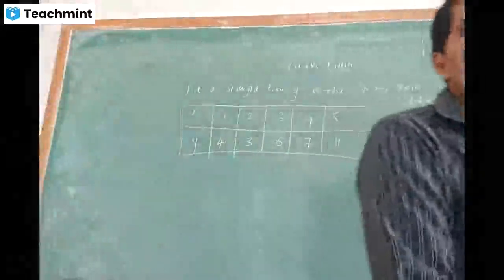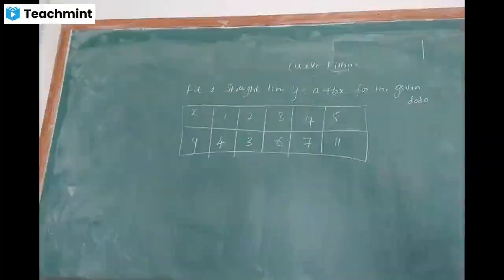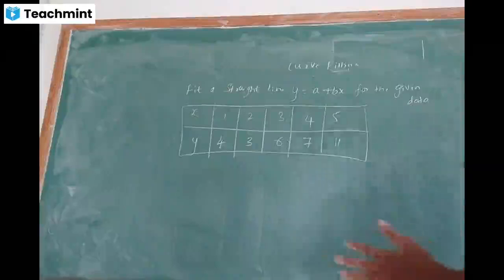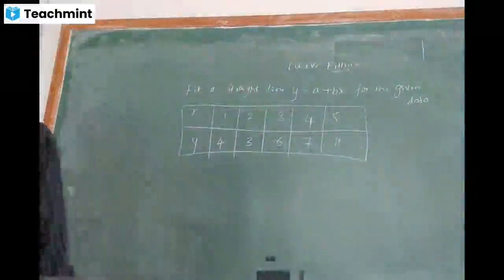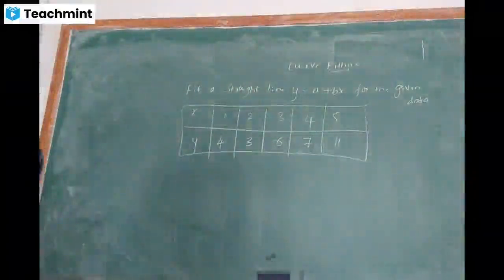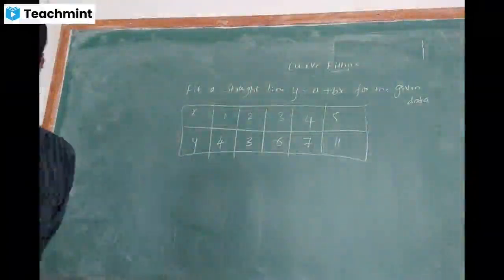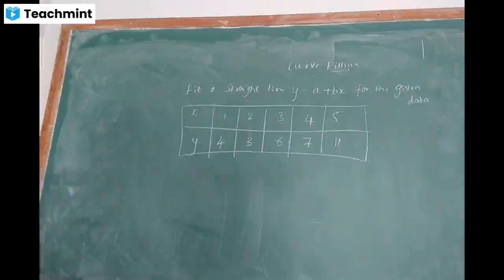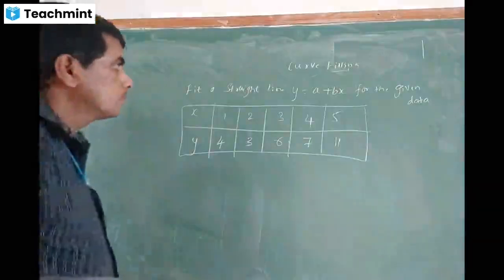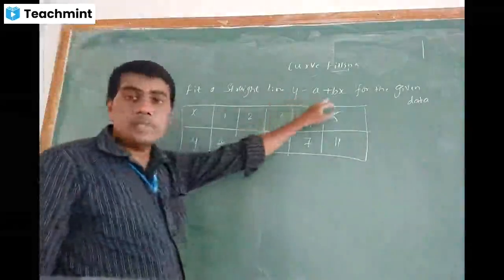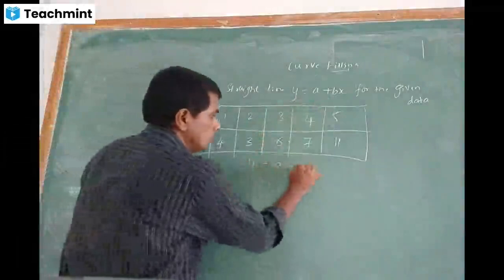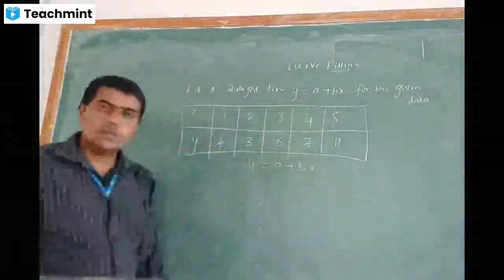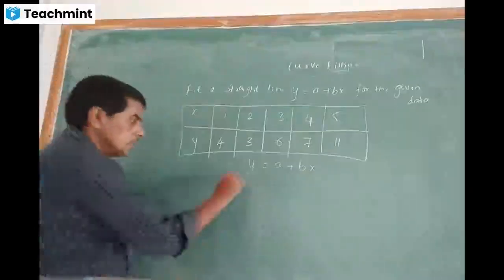First you have to write the normal equations. Normal equations with respect to y equal to a plus bx: take summation on both sides.